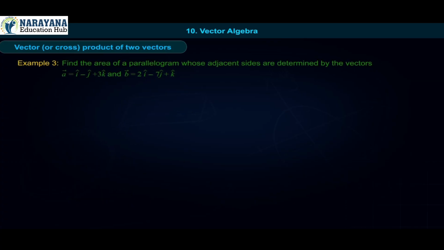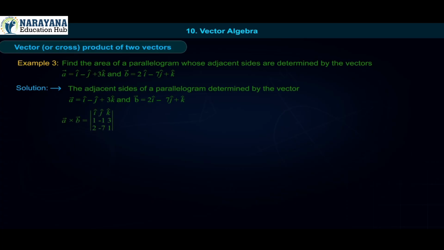Example 3. Find the area of a parallelogram whose adjacent sides are determined by the vectors A equal to i cap minus j cap plus 3k cap and B equal to 2i cap minus 7j cap plus k cap. Solution. The adjacent sides of the parallelogram are determined by vector A equal to i cap minus j cap plus 3k cap and vector B equal to 2i cap minus 7j cap plus k cap.